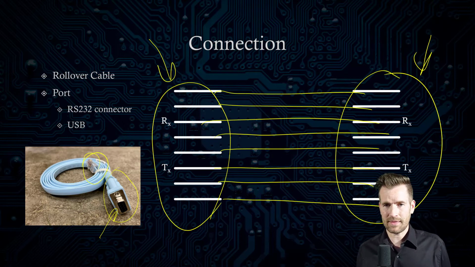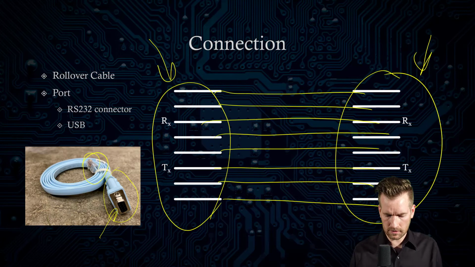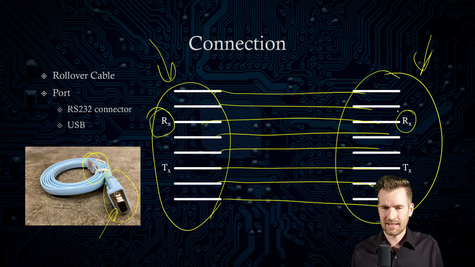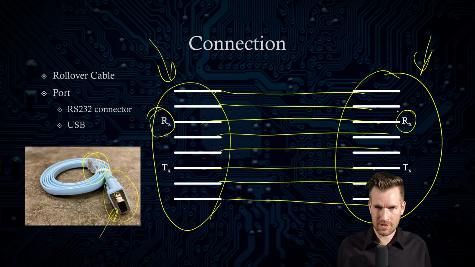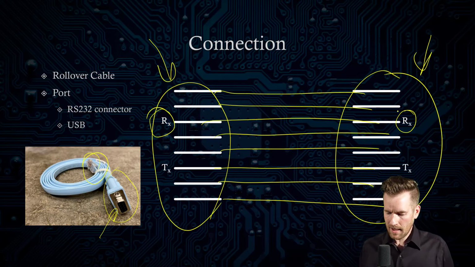Now, the problem with this is that if you just have a straight through cable, this device right here is trying to receive on pin 3, whereas this device is trying to receive also on pin 3. So in other words, they are both listening to the same line.